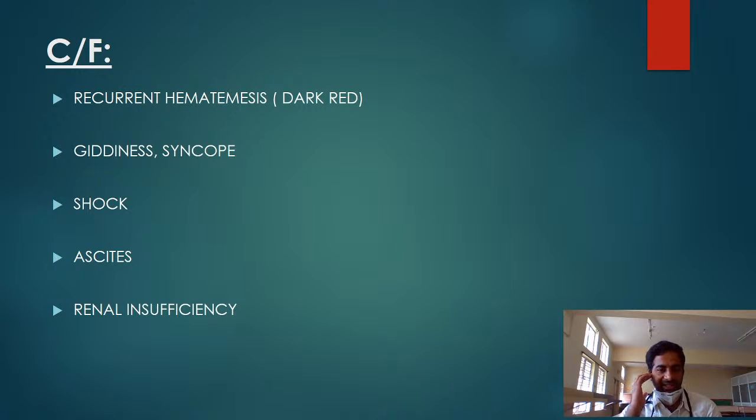The patient may present with giddiness or syncope, and then shock, ascites, renal insufficiency. That's how a patient with upper GI bleed will usually present. That's due to hypotension.